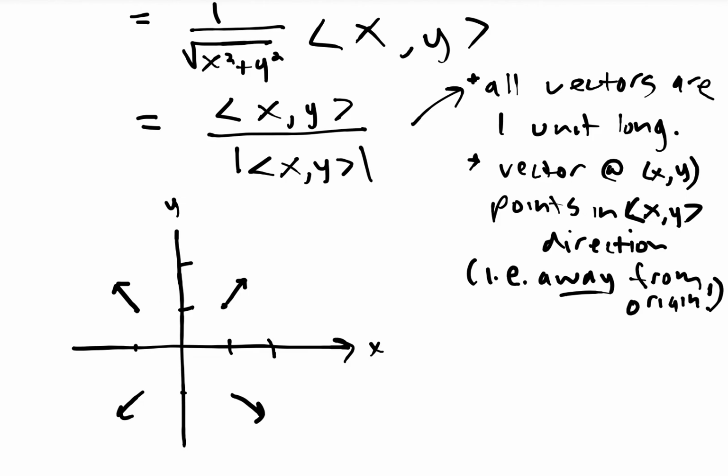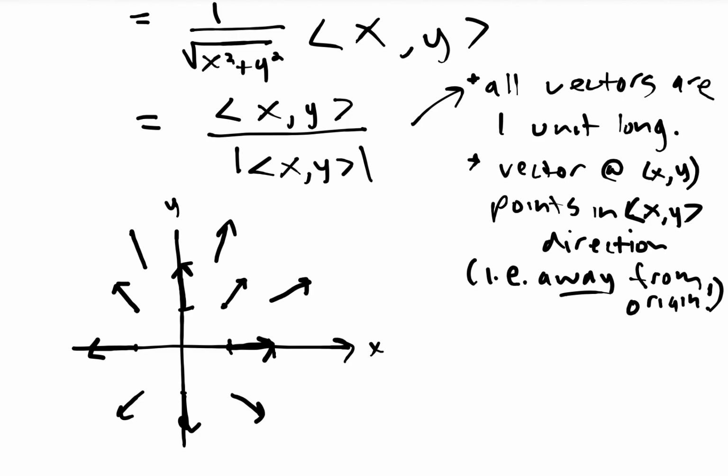And then on my intercepts, here at 1, 0, I want the unit vector pointing in the direction of 1, 0. Similarly, here at 0, 1, I want the unit vector pointing in the direction of 0, 1. So just like I said, at any point that we're at, you want to head straight away from the origin, just radiating out from the origin.